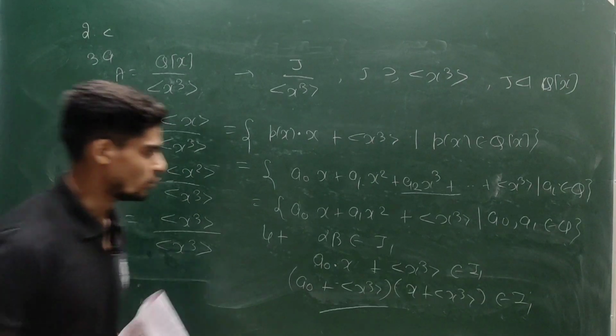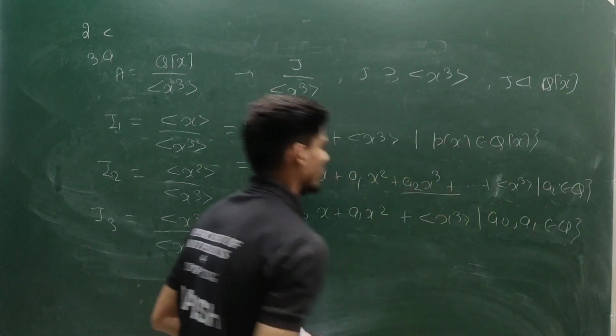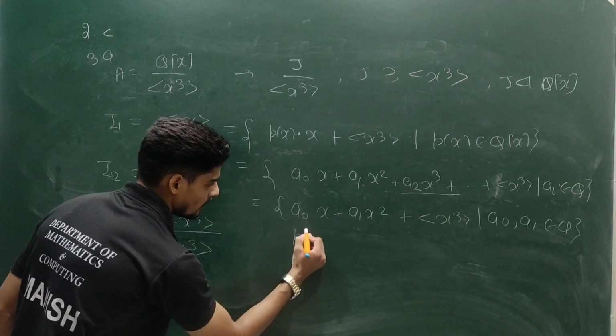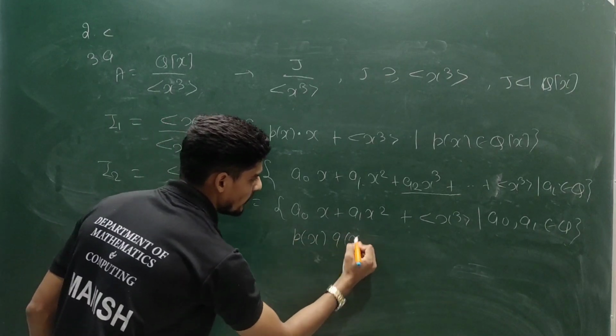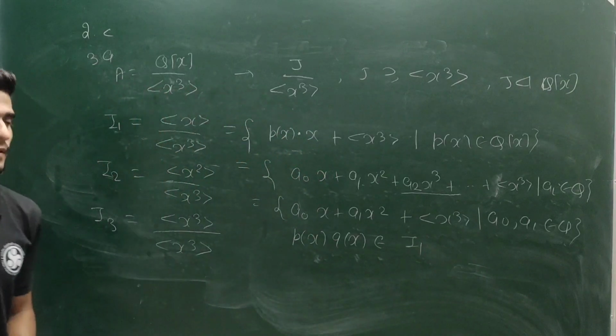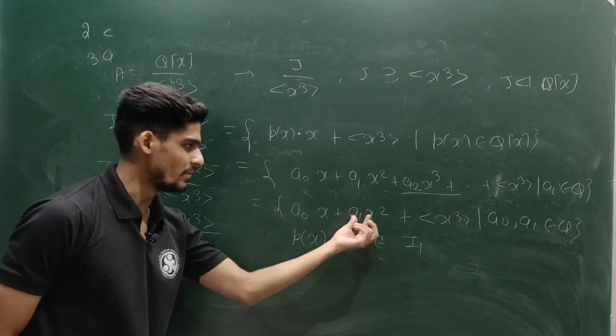Okay, let me do it in a better way. Take any arbitrary elements, say p(x) into q(x) is a member of I1. That means this p(x) into q(x) is a member of I1, so it will look like something this.